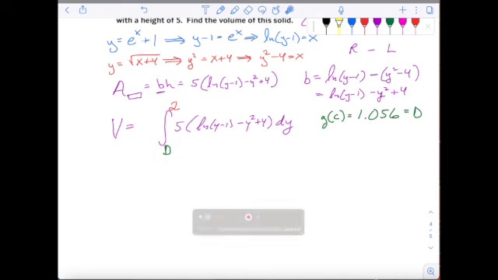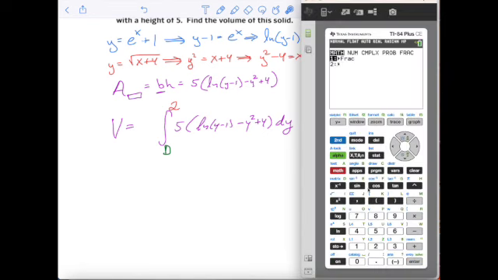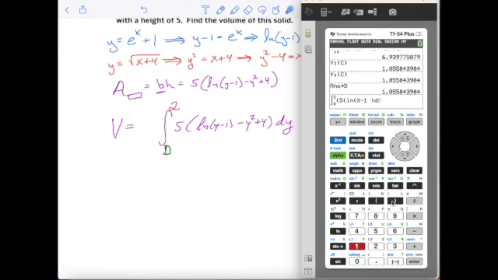But now let's plug that into the calculator. Lots of parentheses here. So math 9, from D to 2. And again, that 5 could have been factored out, but whatever, it could be here. 5 times, start a new set of parentheses, ln of, now we generally on our calculator use the variable x when you're typing in things, so don't be bothered by that.